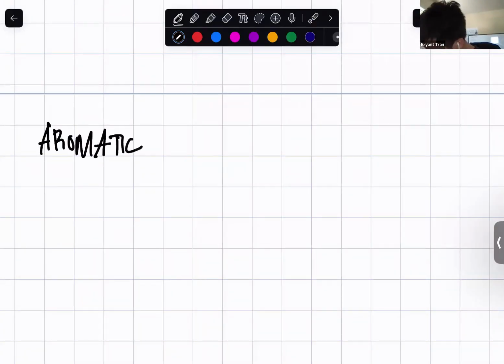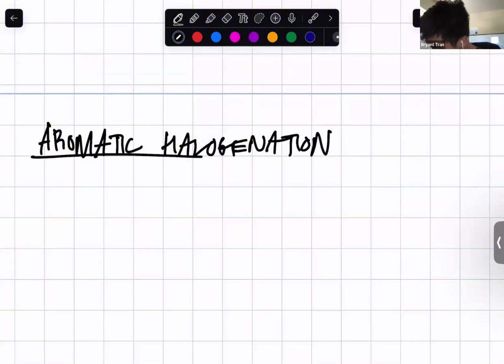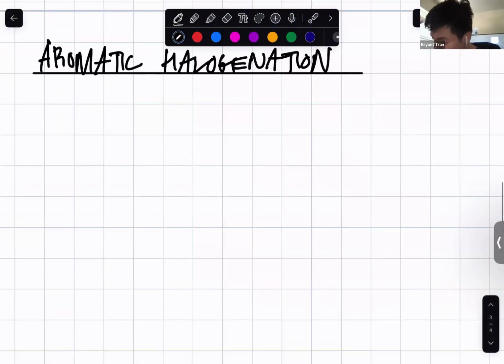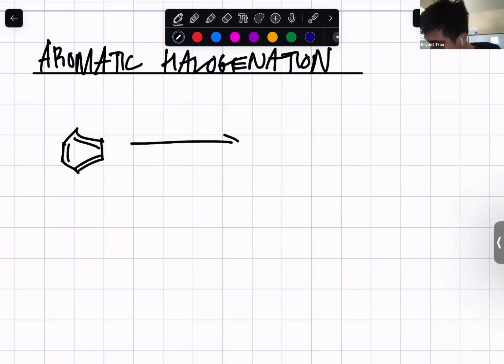Aromatic halogenation. So for aromatic halogenation, I'm going to give you the general reaction, predict the product, and then move on to the mechanism. So we will have that benzene right there with no groups attached to it. So any carbon could be the nucleophile here.